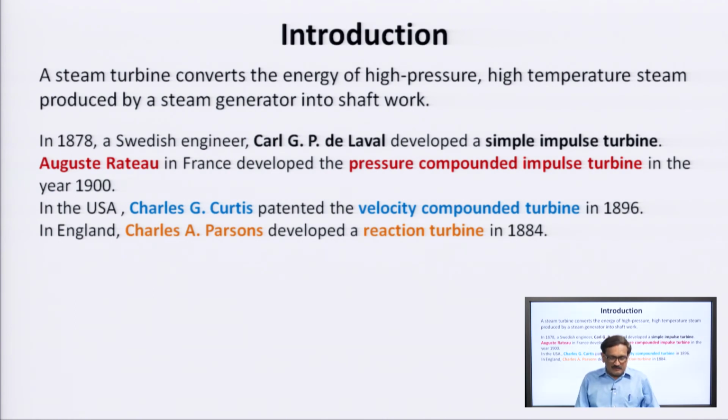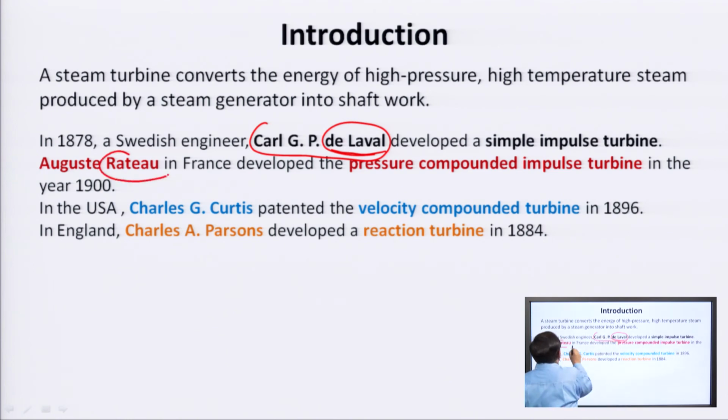Most of the turbines which we use practically today are named after their inventors. The simple impulse turbine is also known as the De Laval turbine, named after its inventor, a Swedish engineer, in 1878. The pressure compounded turbine is known as the Rateau turbine, after the French engineer Auguste Rateau, who developed it in 1900.